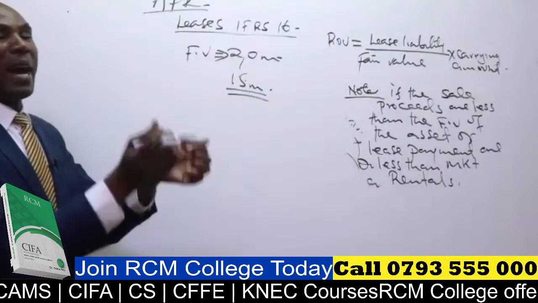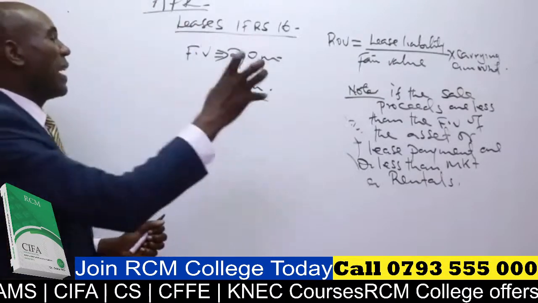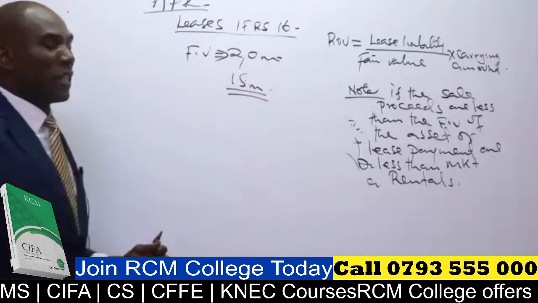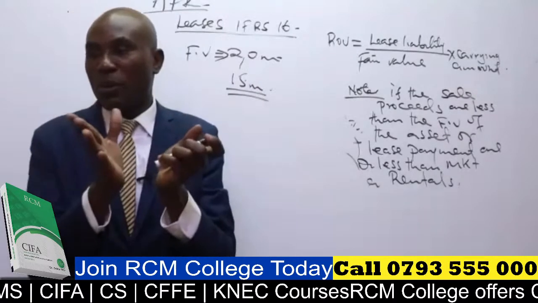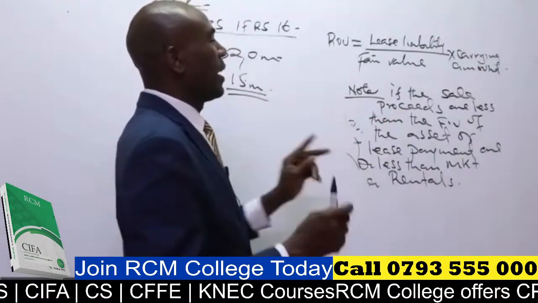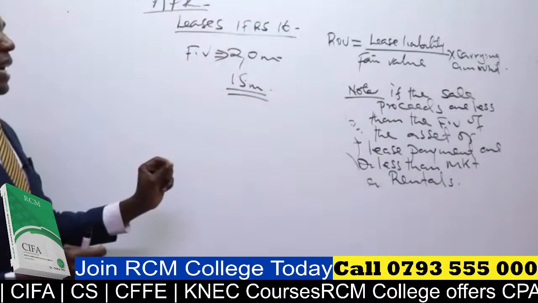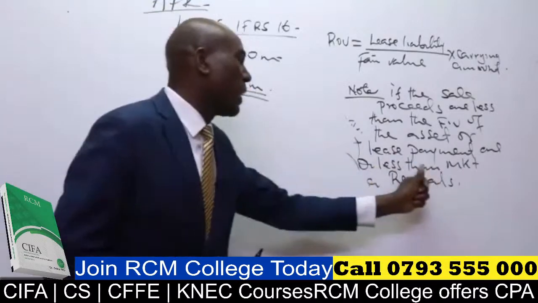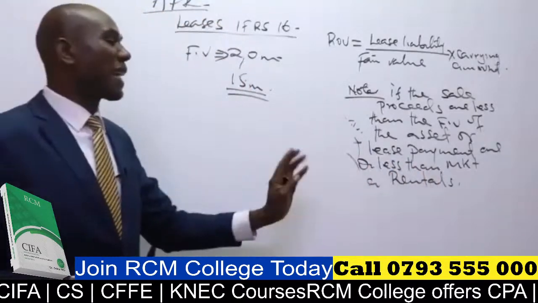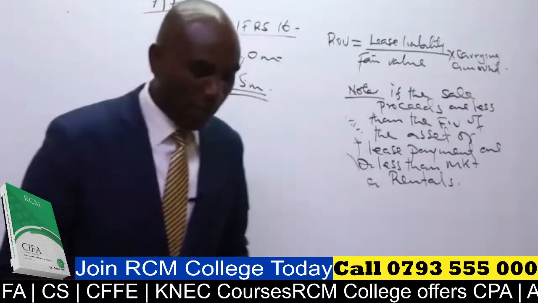Remember you are selling the asset to a buyer. The buyer is giving you cash of 15 million, not at fair value. That is what I'm indicating here. If the sale proceeds are less than the fair value of the asset, or the lease payments are less than market rentals.